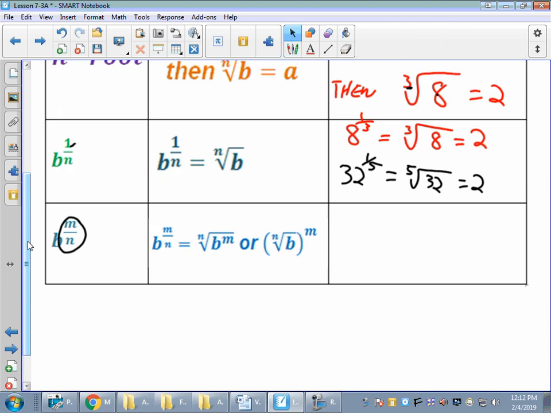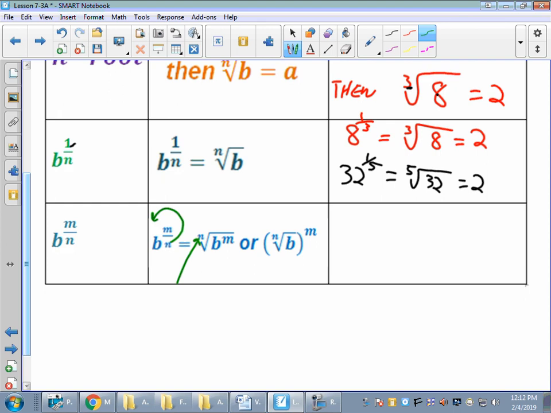So b to the m over n power, you could write it as the nth root of b to the m power, or you could write it as the nth root of b, and then take that whole thing to the m power. So all you're really going to do is take this n here, pull that out, and plug it into the radical there.